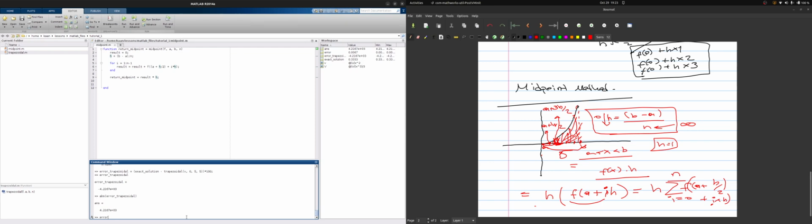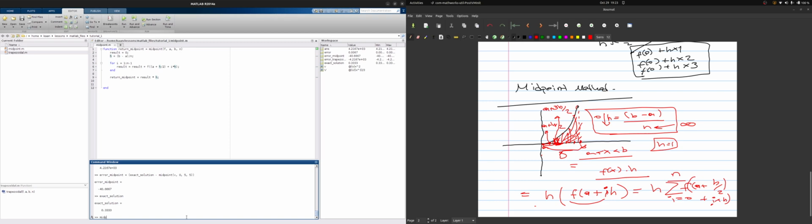So let's see the error midpoint, exact solution minus midpoint. So what is the exact solution? This.